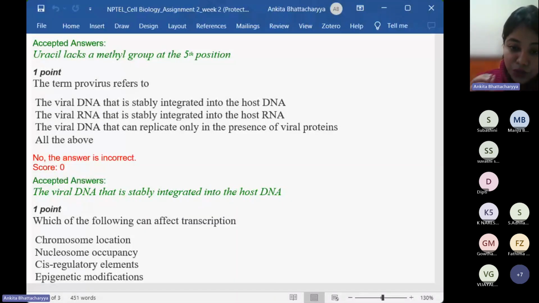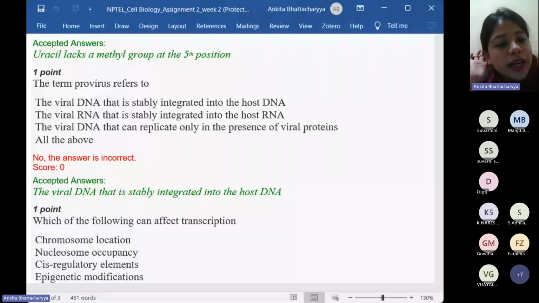Nothing can integrate into host RNA, because inside a host, the DNA has to be converted into RNA, and that RNA is carried with a lot of checkpoints in place to its destined position to execute its activity. Therefore integration into host RNA is not something that can occur easily. So option 2 would not take place.